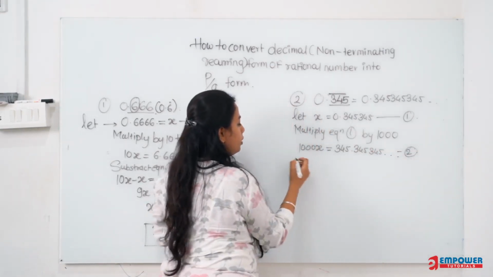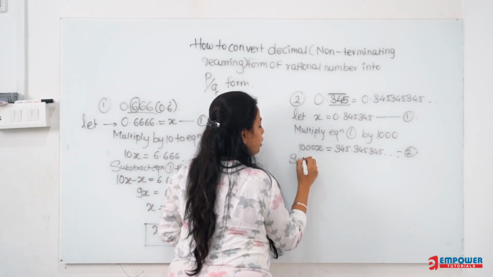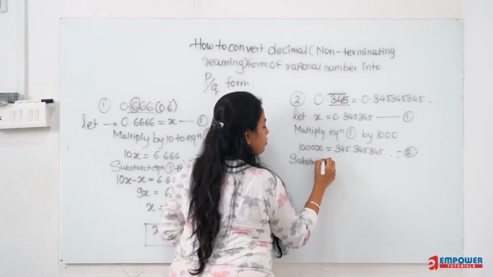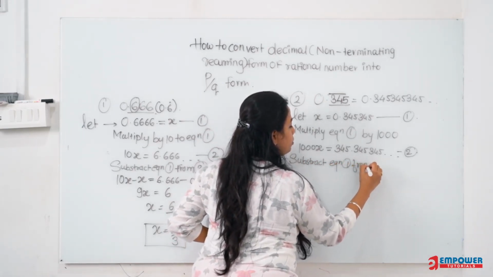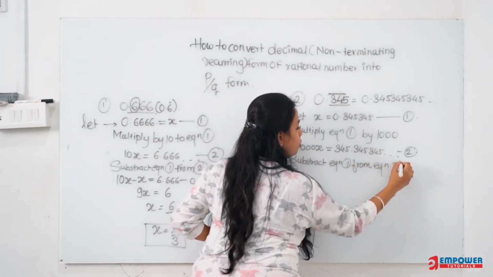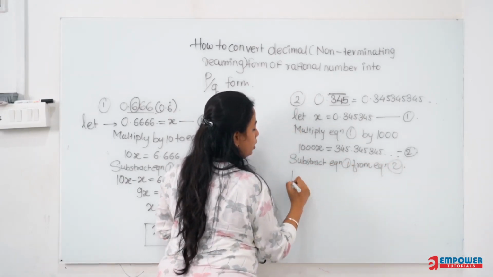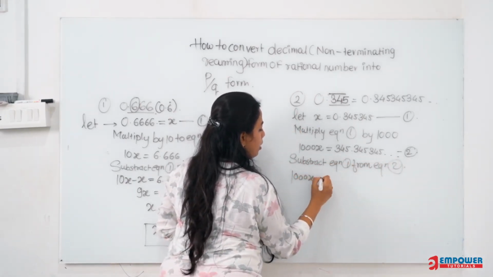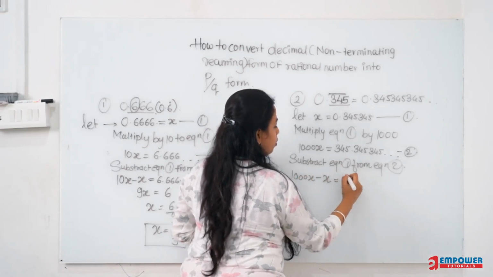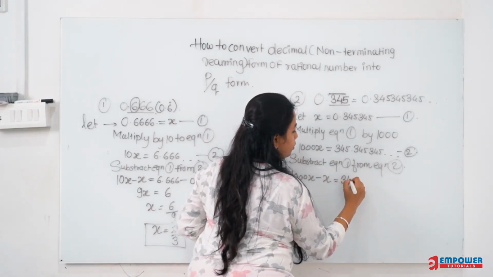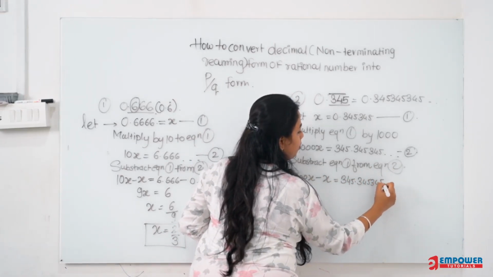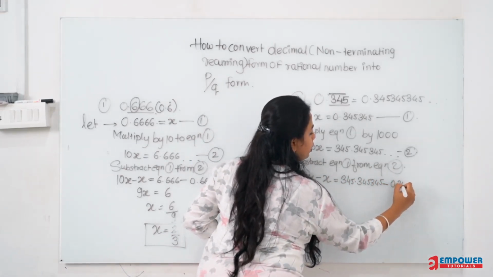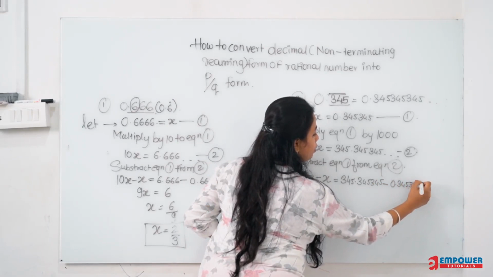We will use the same step over here. So subtract equation 1 from equation 2. So this will be equal to 1000x minus x, equal to 345.345 and so on minus 0.345 and so on.